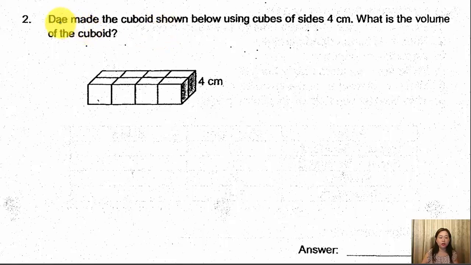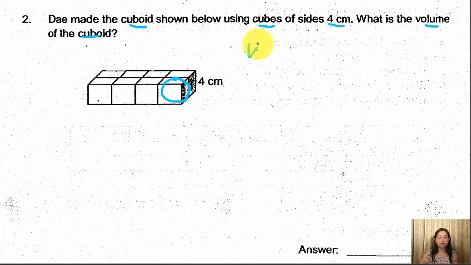Question 2. They made the cubot shown below using cubes of side 4 cm. What is the volume of the cubot? First, we have to understand what is the volume of a cube. And we know that a cube has all equal sides.